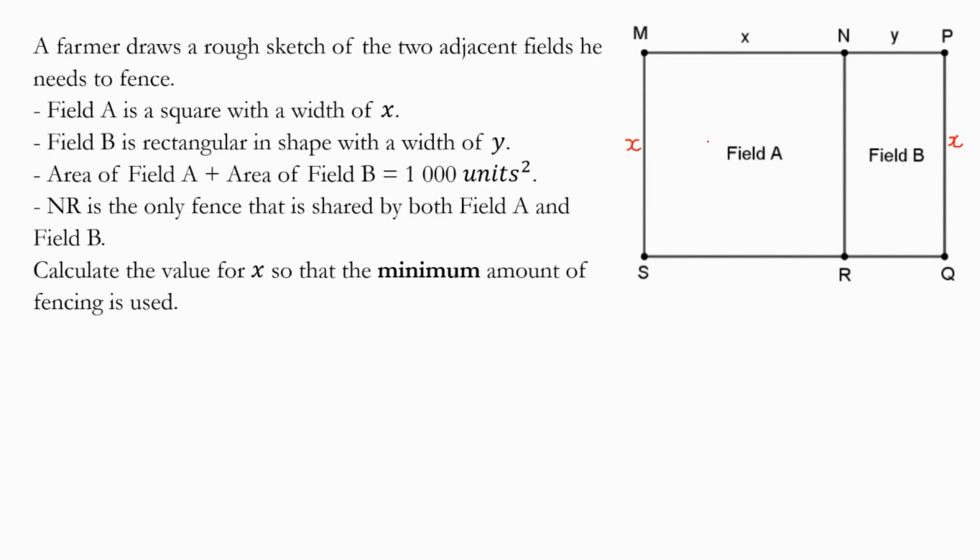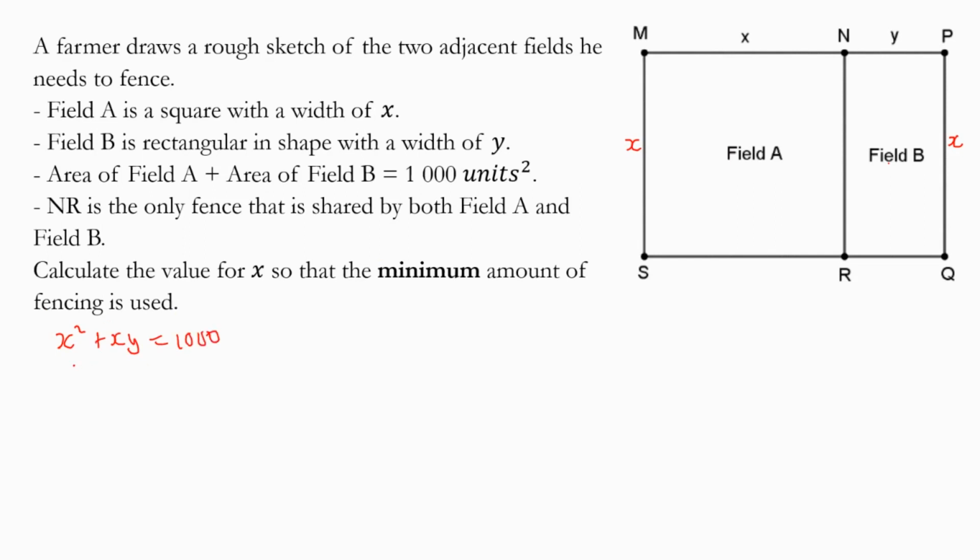Remember, in the previous question we found y in terms of x. We said that the area of field A plus the area of field B. The area of field A is x squared, and field B is x times y, length times width, plus xy is equal to 1000.